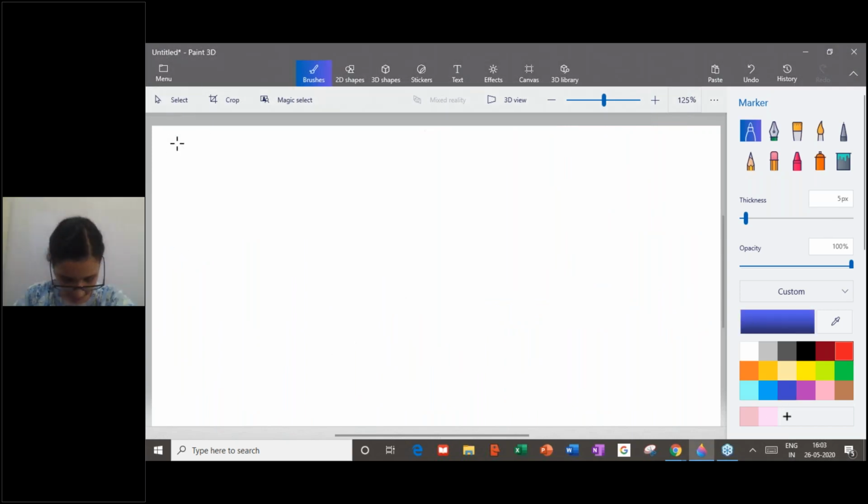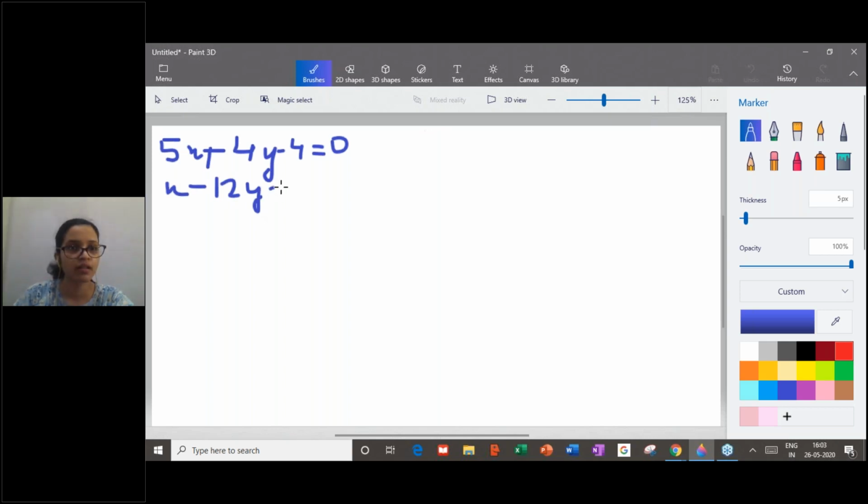Okay, so since it's already in the standard form, what are the equations? 5x plus 4y minus 4 is equal to 0 and x minus 12y minus 20 is equal to 0. So we want a1 is 5, b1 is 4 and c1 is minus 4.